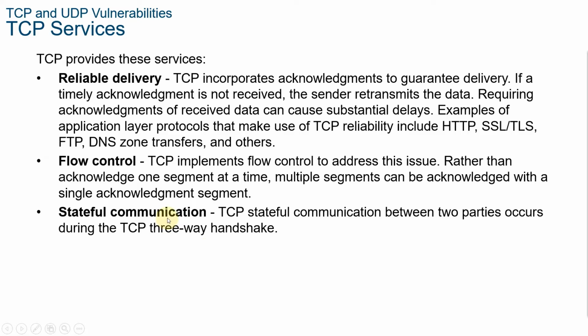TCP stateful communication between the two parties occurs during the TCP three-way handshake. So before data can be transferred using TCP, a three-way handshake opens the TCP connection. And then if both sides agree to the TCP connection, data can be sent and received by both parties using TCP.